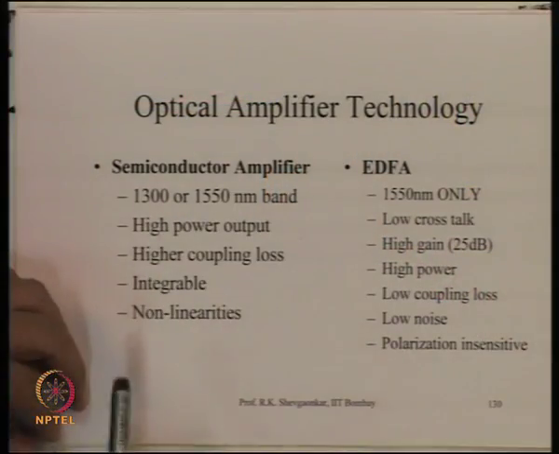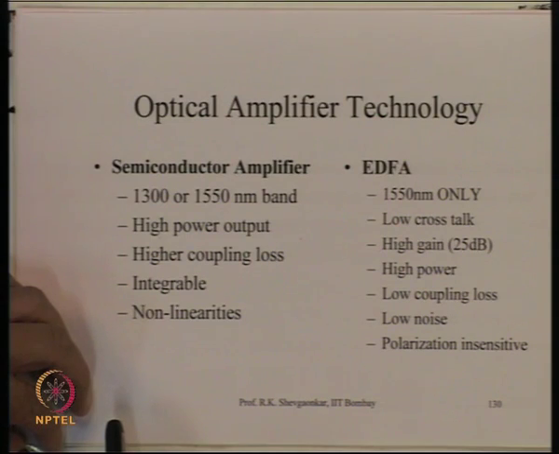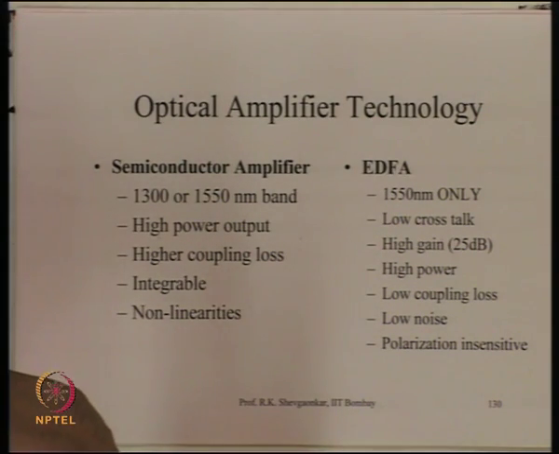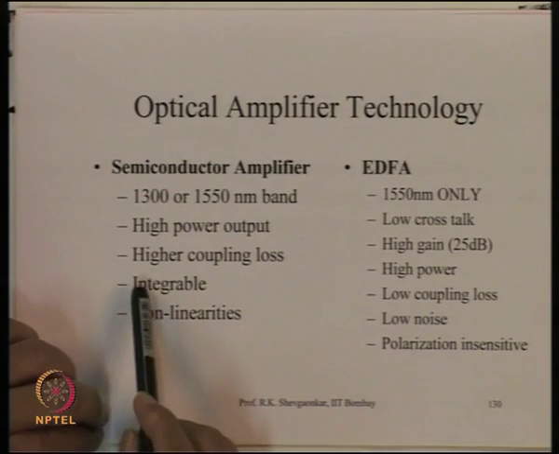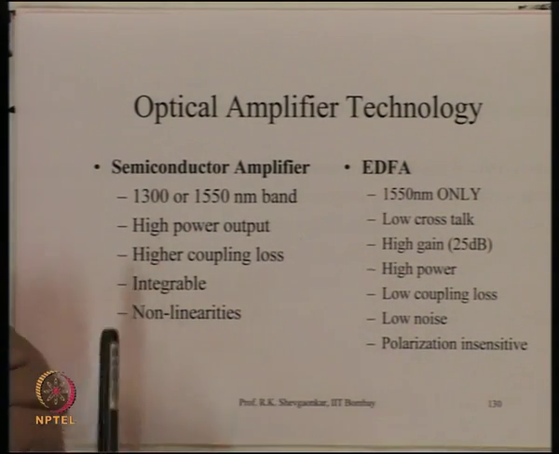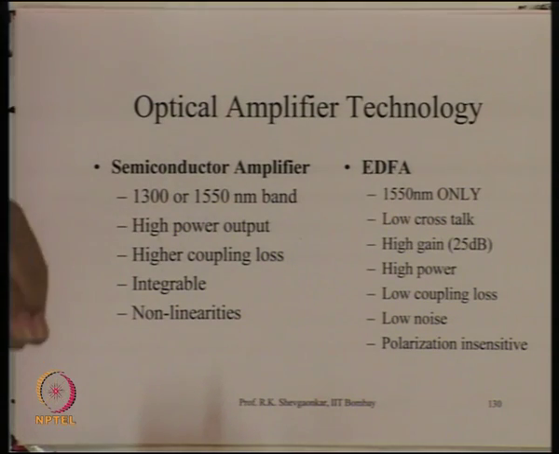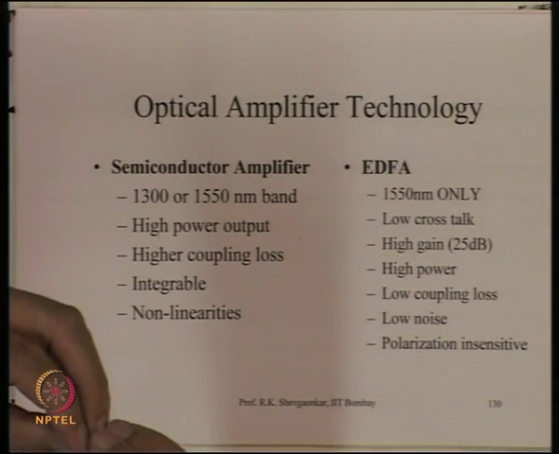The semiconductor amplifier can also give you high power outputs, but the biggest problem of semiconductor amplifiers is that it has a higher coupling loss. Signal is coming from the optical fiber, it has to be launched inside the semiconductor amplifier.